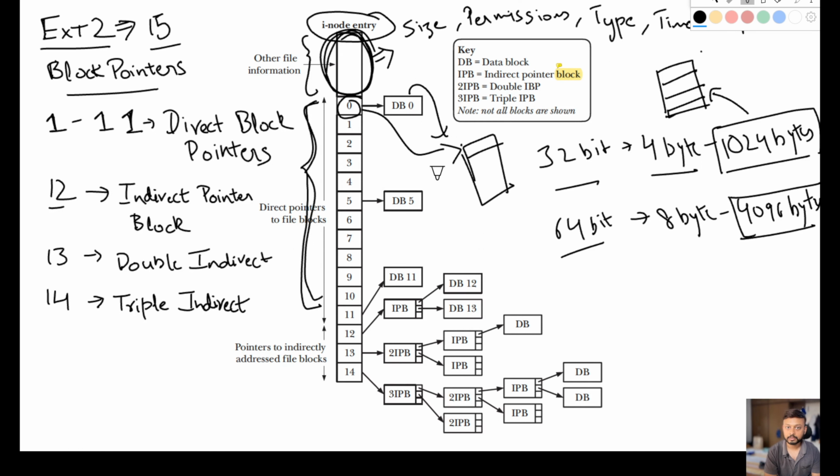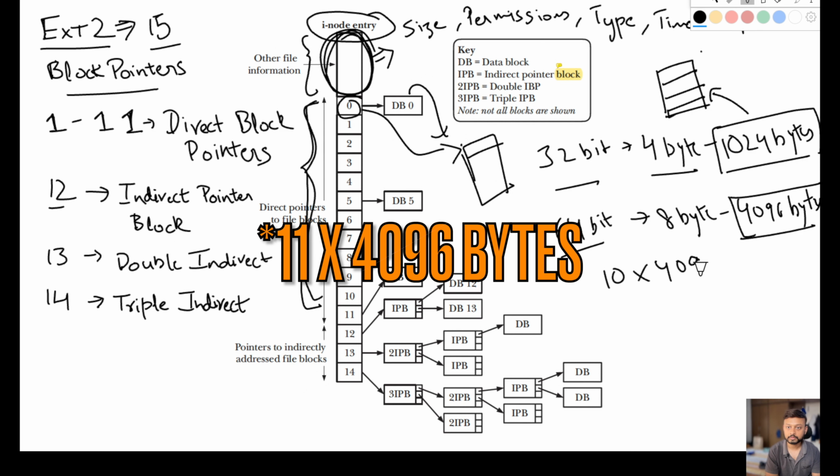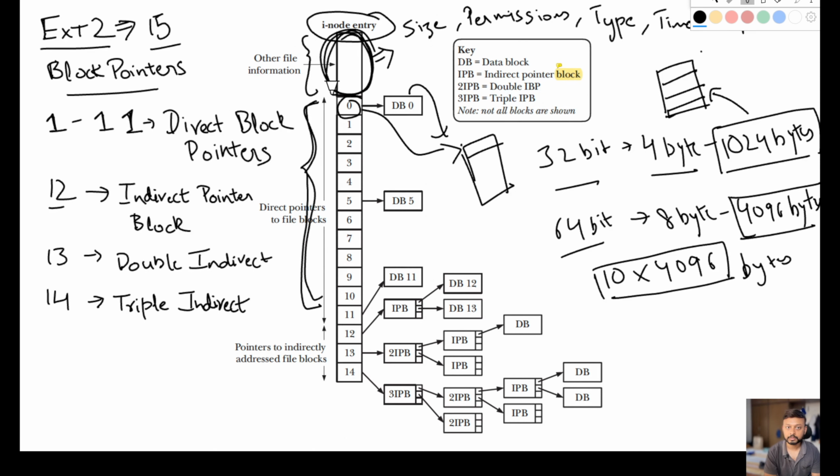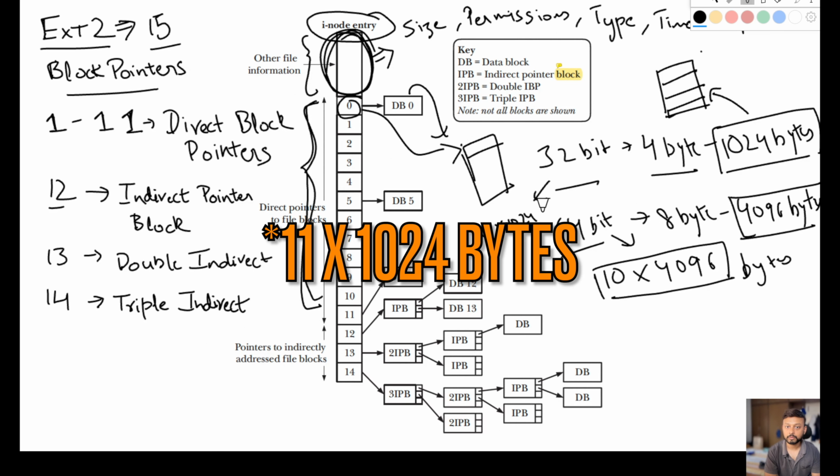Since there are 10 pointers, there is 10 into 4096 bytes that we can store using these 10 block pointers. This is for a 64-bit system, and for a 32-bit system, it will store 10 into 1024 bytes.